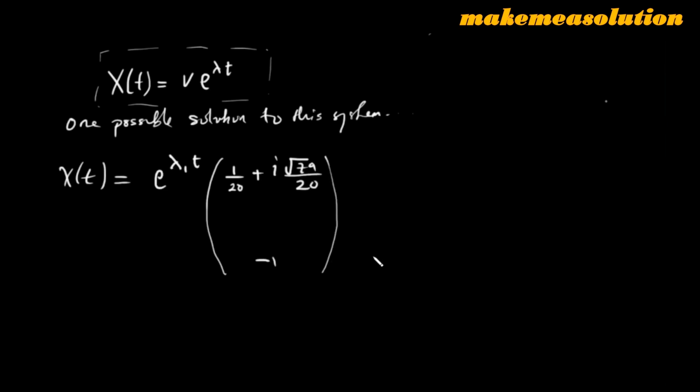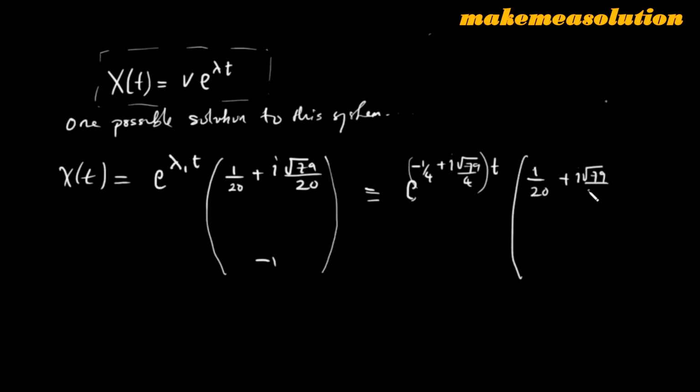So this is one possible solution to this system, and it is equivalent to exponential minus 1 over 4 plus i root 79 over 4, t, times c, and this vector 1 over 20 plus i root 79 over 20, and minus 1. So this is one possible solution.